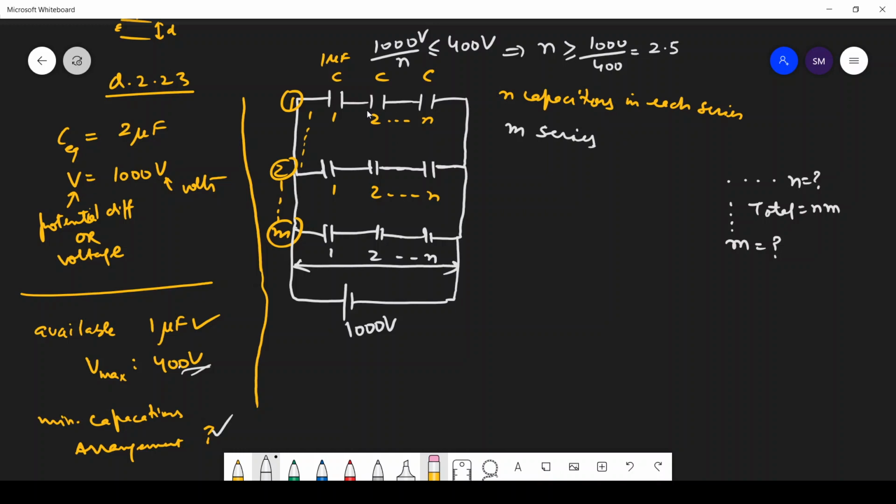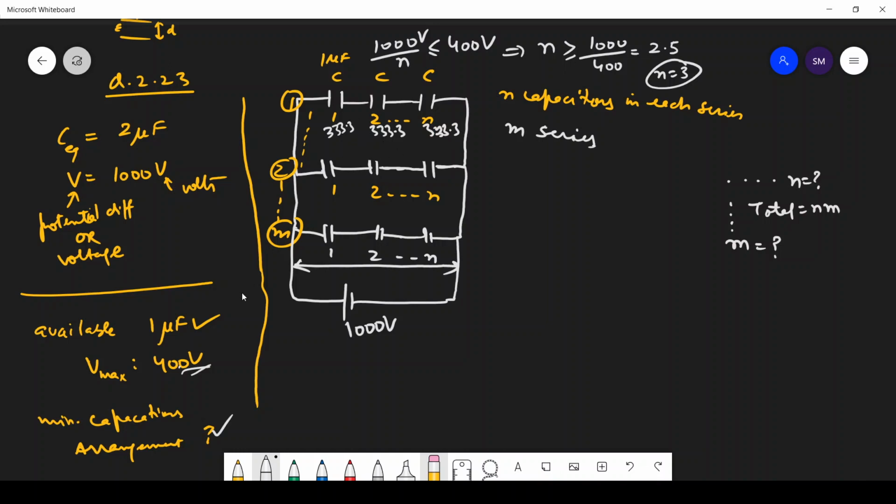So n must be greater than 2.5. If n is equal to 3, then 1000 is divided and each gets 333.3 volts. Understood the question?